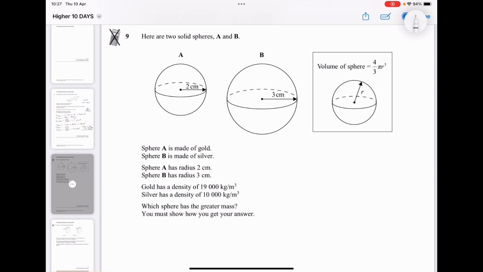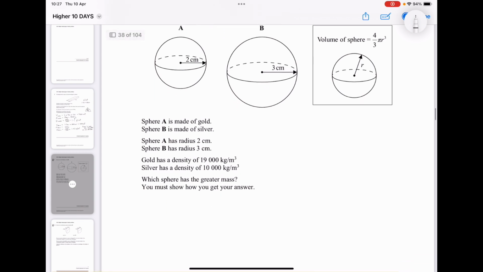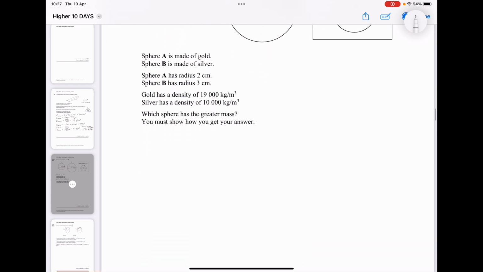Okay, so once again, this is just about conversion of units. So we've got A, we've got B, we've got density, we've got mass, and we've got volume.